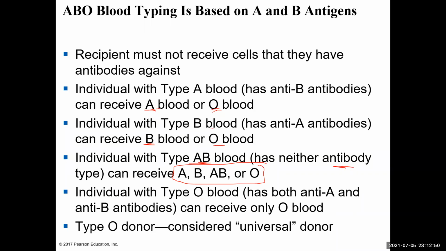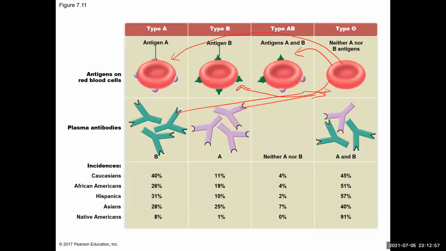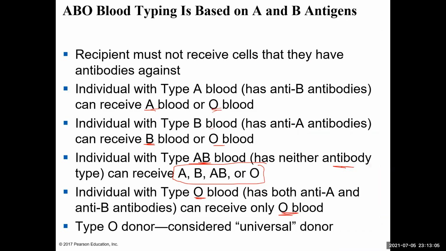The individual with type O can only receive from type O because, remember, O has no antigens but both antibodies. So O can only receive from O. Okay? But O is the universal donor and can donate to every single blood type. Right? See, O, O, O, and O.